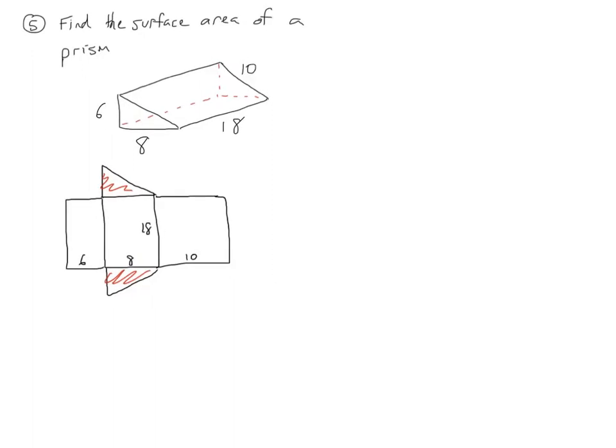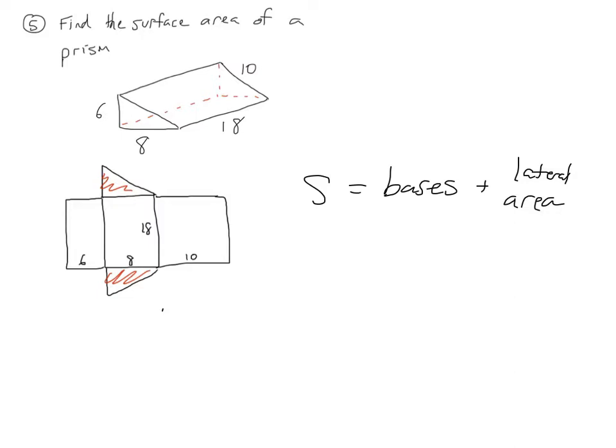Well, we're going to take the area of the bases plus what's it called from the previous example? The lateral area. And a lateral area is this area that's made up of every other face that is not a base. So how do we find the area of the bases?